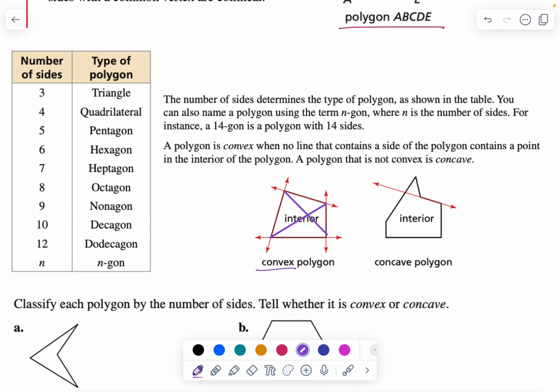If you connect 2 vertices like this one and the second one, see how when we connect those 2 vertices, it's outside the polygon? Then it's concave. I always think of it like caving in. Caving in is like going into itself, and that's what's happening where I drew that segment.